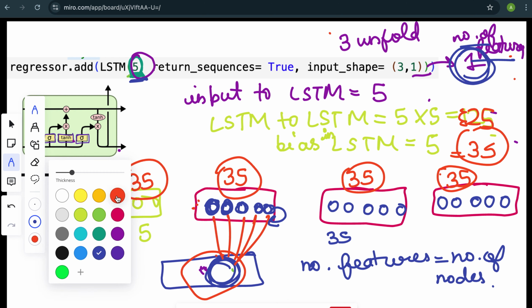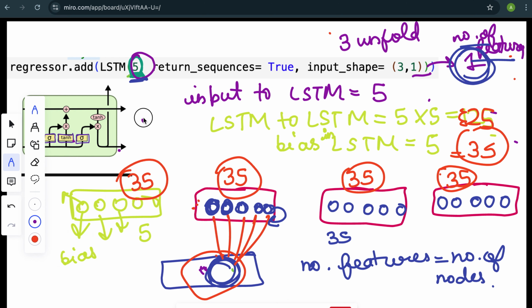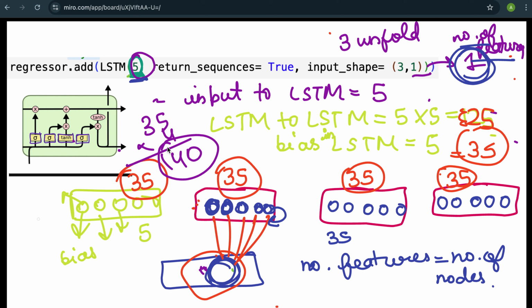So 35 times 4 trainable parameters. So for this LSTM layer there will be 140 weights and biases, total trainable parameters.